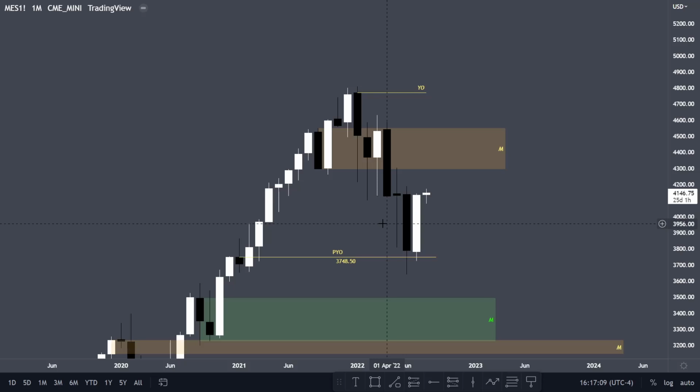So on a monthly, just like how we have this candle here that did a high, a low, a higher high, a lower low, and then it retraced, right?